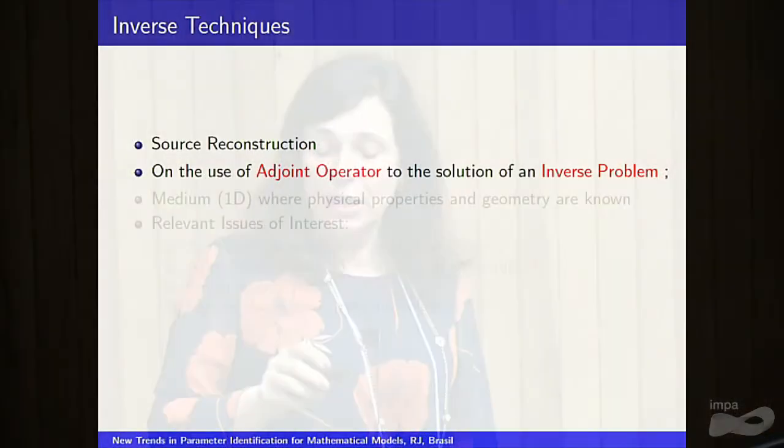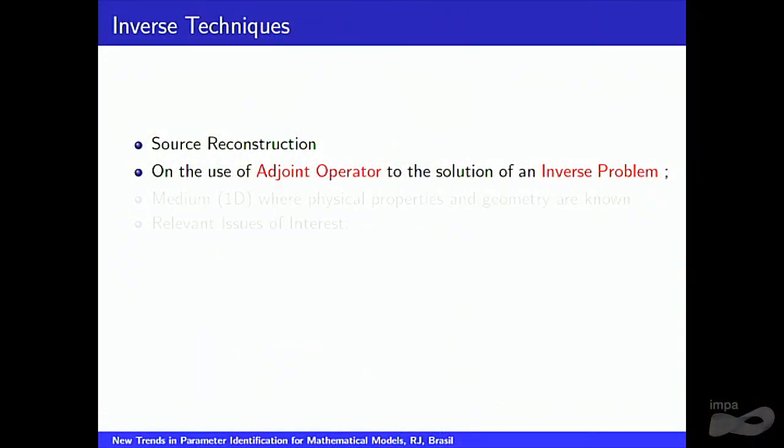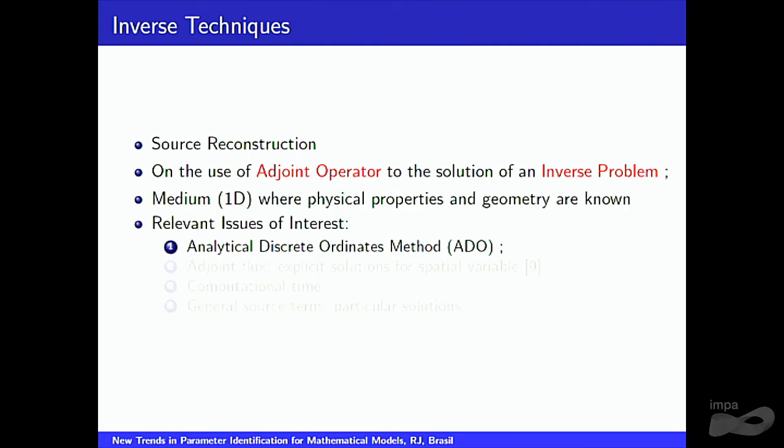Regarding the study of inverse techniques for source reconstruction, our particular interest is the use of the adjoint operator of the transport equation in the solution of the inverse problem.